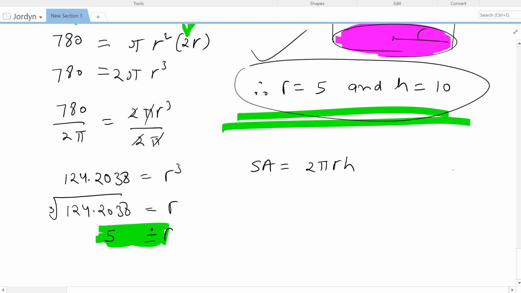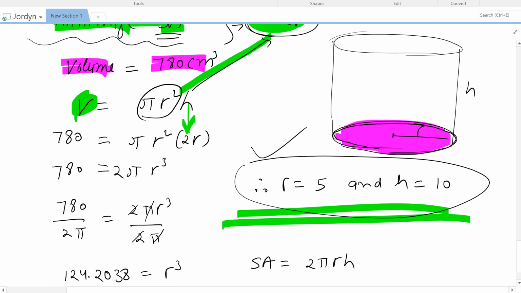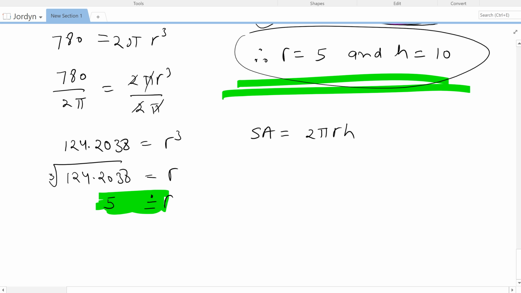Yeah, in order to find surface area, we multiply the circumference of the circle with its height. So we just multiply this boundary, the length of the boundary, with the height, and that's gonna be the surface area of that.